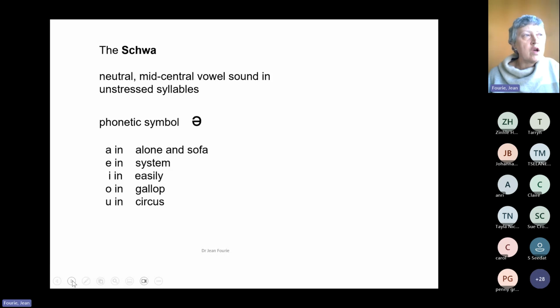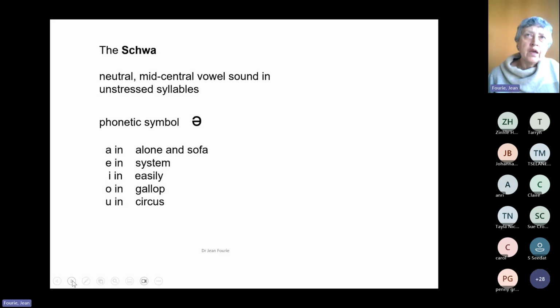The schwa, the neutral sound, is a central sound. None of your speech organs are manipulating the sound. And so we use this neutral sound a lot in English. Alone.